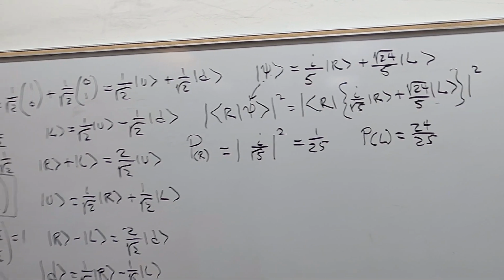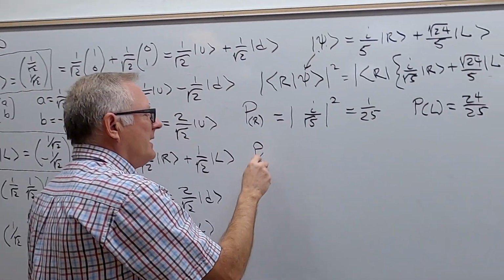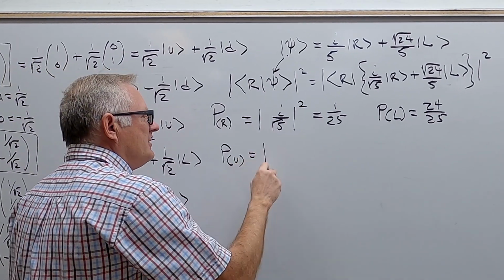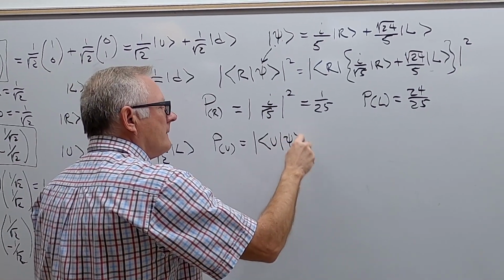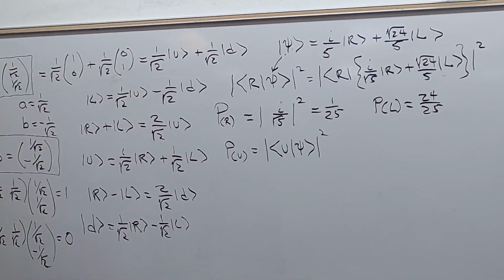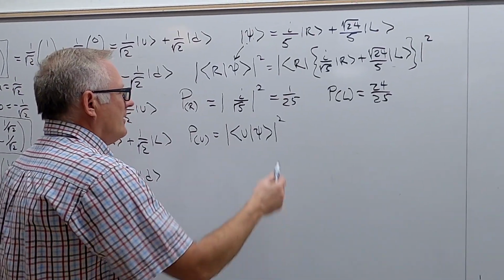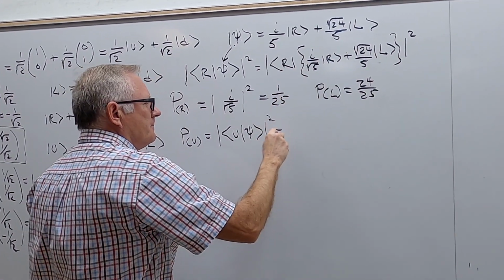Well, what's the probability of measuring up? Well, what does that mean? It means we have to do up with our psi, and square it. So that's what we have to do. If I plug in my psi, we're going to have just like this, except there's going to be an up here.